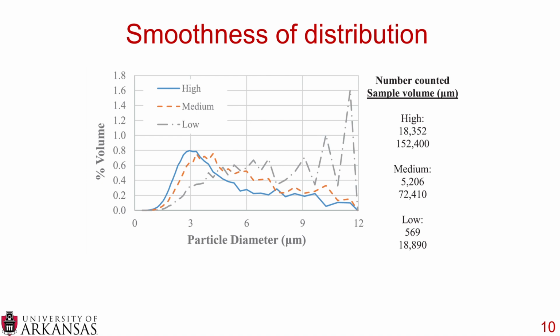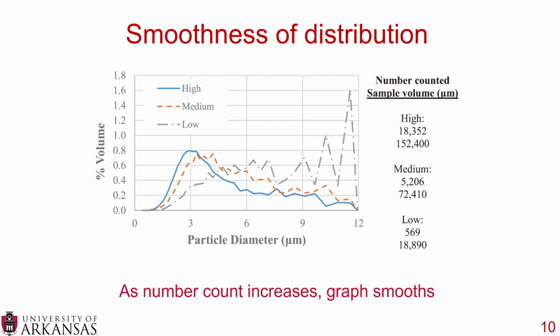You can see when we're counting a low number of particles and a relatively low sample volume, you get a very strange, mountainous graph with a lot more particles shifted to the right, so higher particle diameters. But using the exact same emulsion, increasing the number counted and the volume smooths the graph and shifts it a little bit to the left.